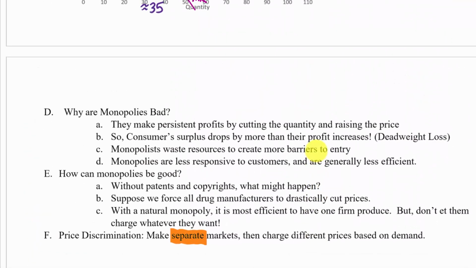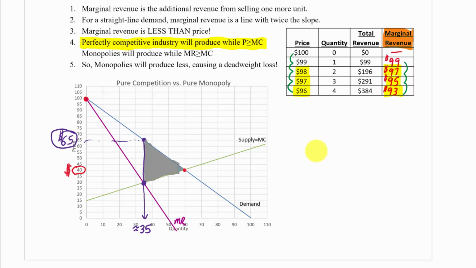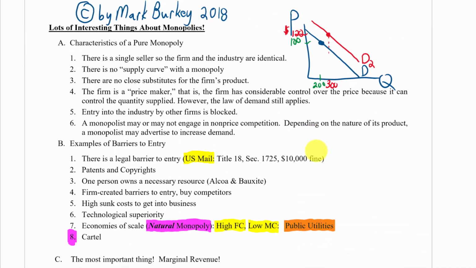We talked about how monopolies can be bad or monopolies can also be good, especially if it is an incentive to someone to create something new by getting a patent or a copyright. We talked about the deadweight loss that comes from being a monopoly, and we talked about barriers to entry and some examples of how monopolies could get formed and how some barriers might be put up to keep other people from entering.